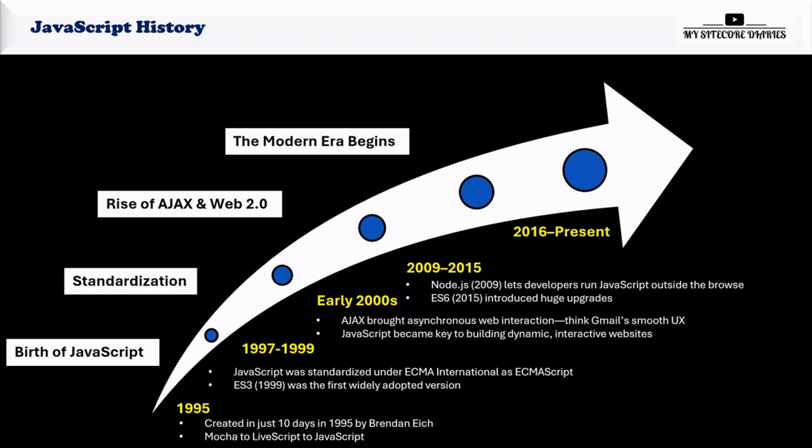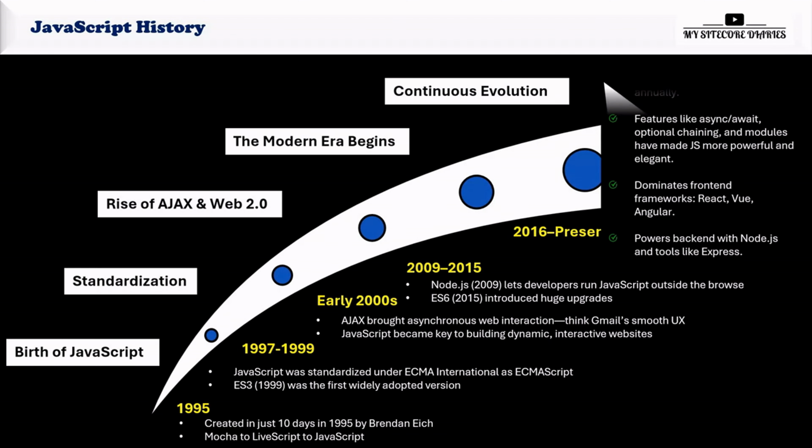From 2016 to present, JavaScript has been continuously evolving. We now get ECMAScript updates every year. Features like async, await, optional chaining, and ES modules have made it cleaner, more powerful, and more elegant.